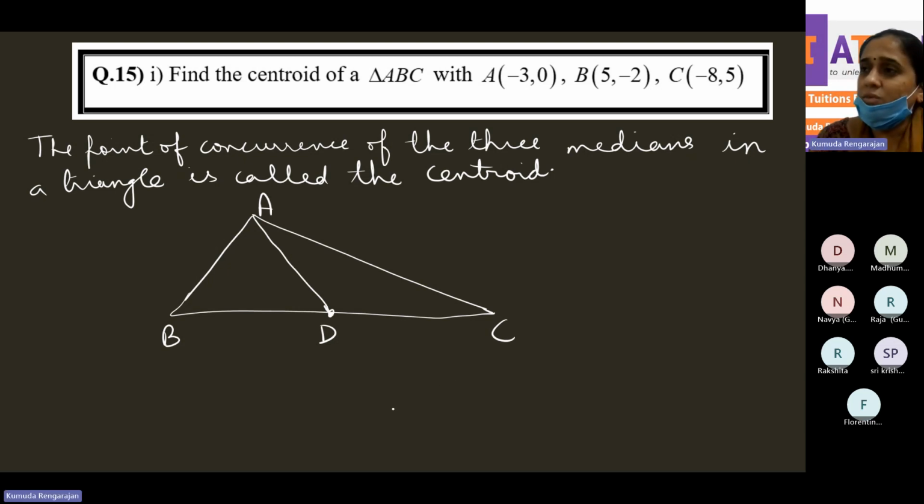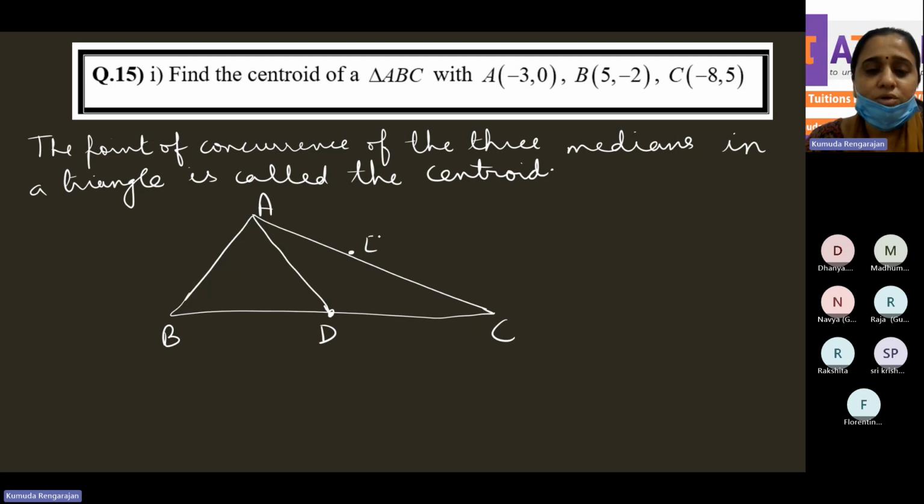Median is a line segment from the vertex to the midpoint of the opposite side. The median need not be perpendicular to the opposite side. The altitude is perpendicular to the opposite side. Median need not be perpendicular. Median meets the opposite side at its midpoint.